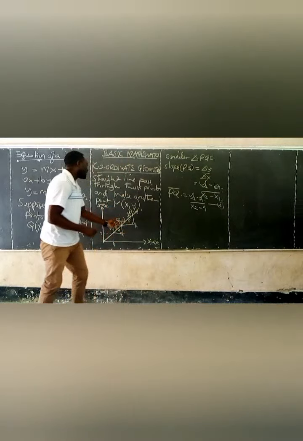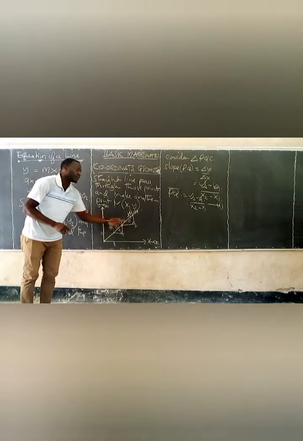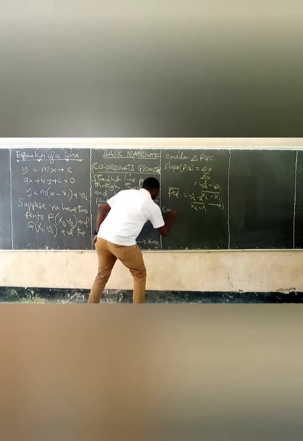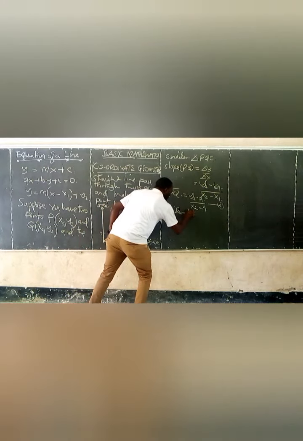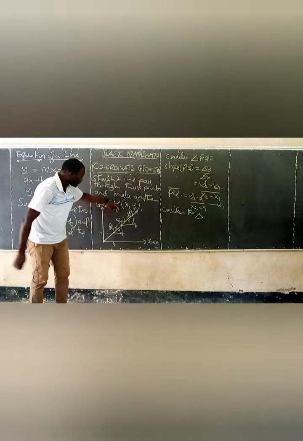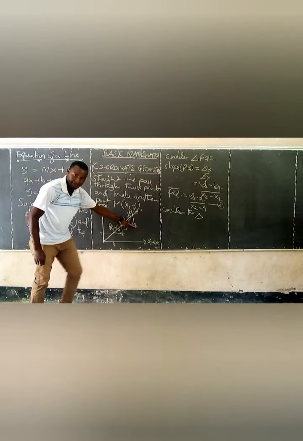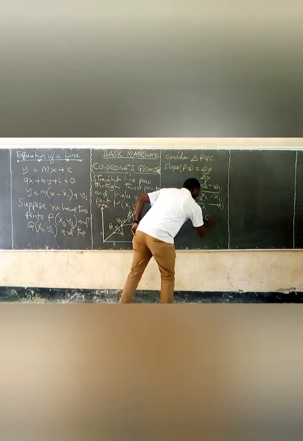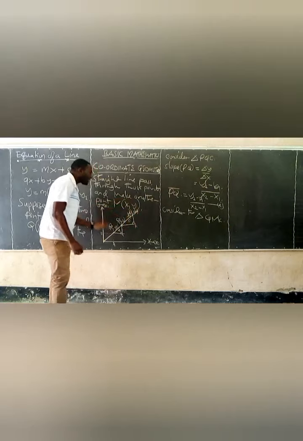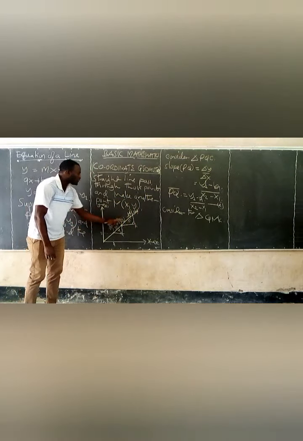Then you come to another right-angled triangle. Now consider the triangle QNK. After considering the right-angled triangle, remember that we have 2 points here.